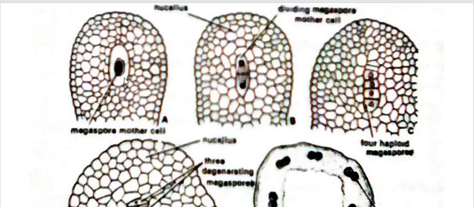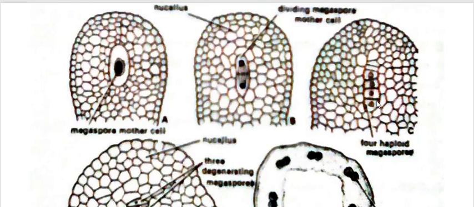This is the megaspore mother cell, which is enlarged now, and then it divides by reduction division, and after reduction division 4 haploid megaspores are produced in the linear tetrad.